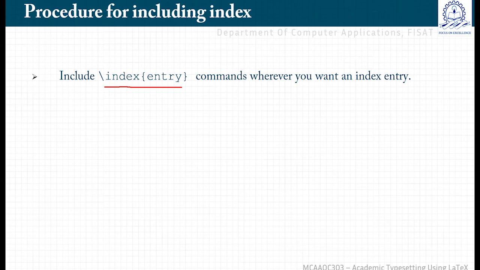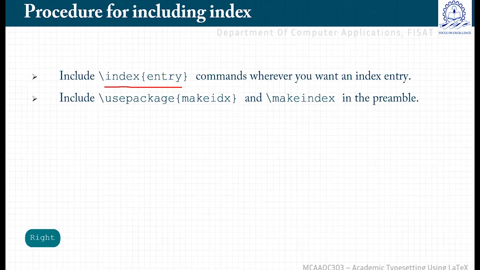This .idx will be generated only if we give the \makeindex command in the preamble, otherwise it will produce nothing. So in the second step, include the makeidx package and use \makeindex in the preamble.